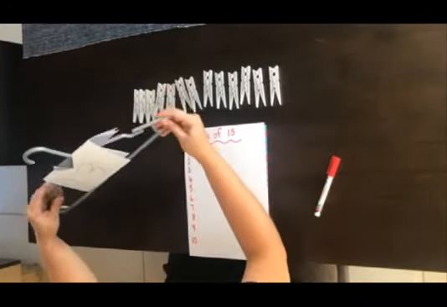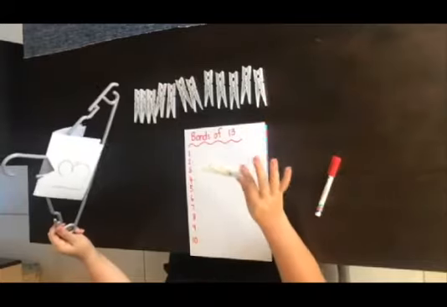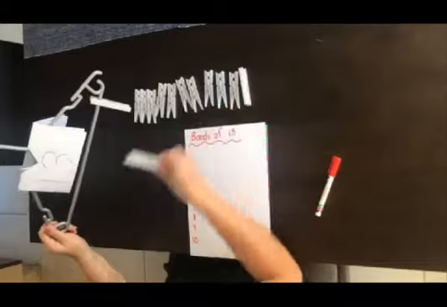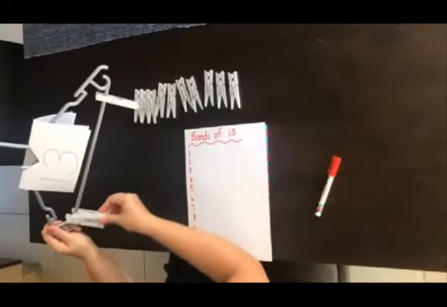So I'm going to take my hanger and my pegs and I'm going to make different ways of making bonds of 13. So I'm going to put 1 on that side and I'm going to put all of the other ones on this side.